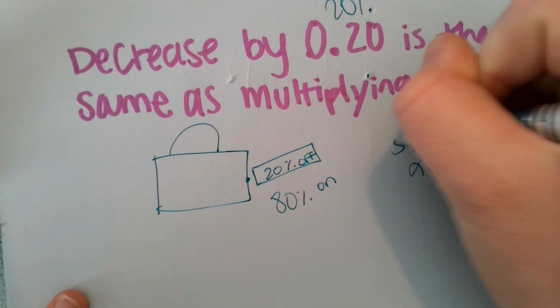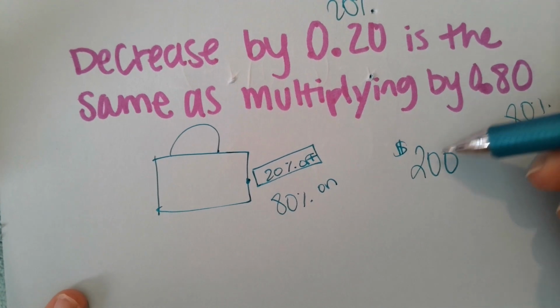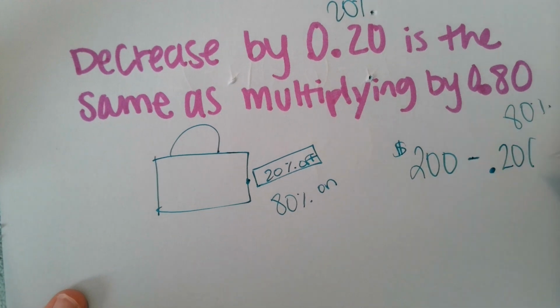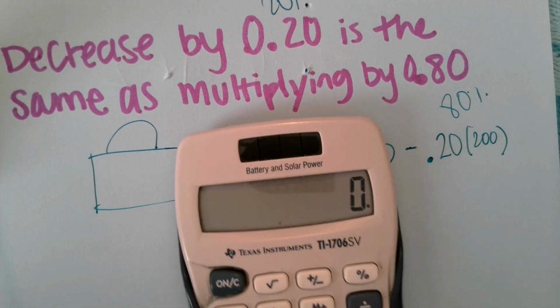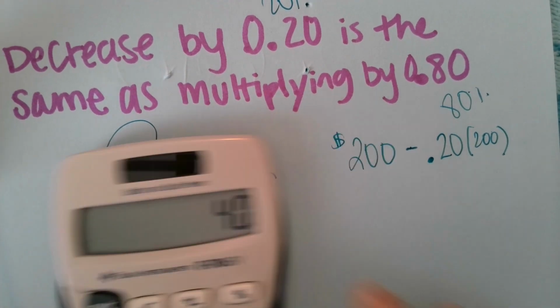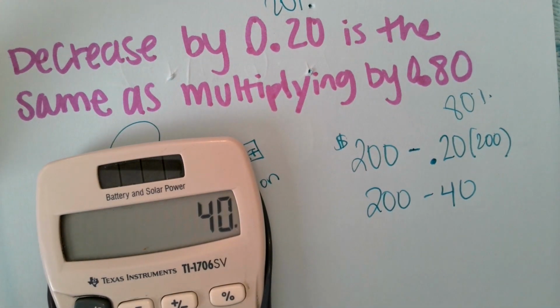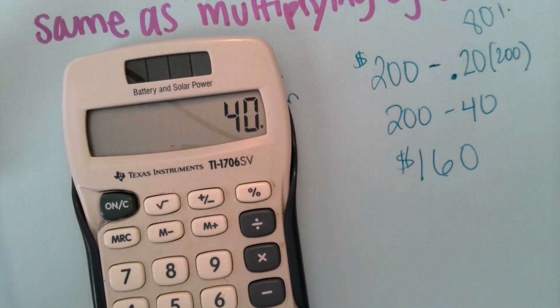really expensive purse, 20% off, well, we can do 200 minus 0.20 of 200. And if you don't know, you can grab your calculator. 0.2 times 200, we get 40. So it's 200 minus 40, which is equivalent to 160. Well, let's just go ahead and see.